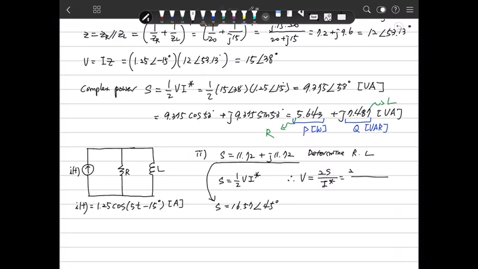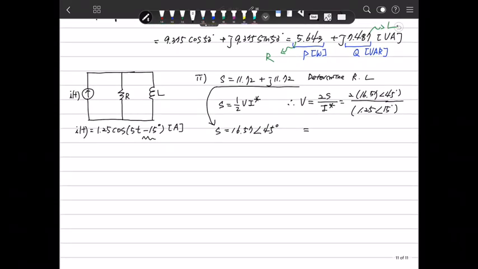You can use a calculator to get these variables. So 16.57 at 45 degrees divided by the current conjugate. The current is 1.25 and the phase angle is minus 15, but the conjugate is plus 15 degrees. So the voltage here is 26.52 and the phase angle is 30 degrees.